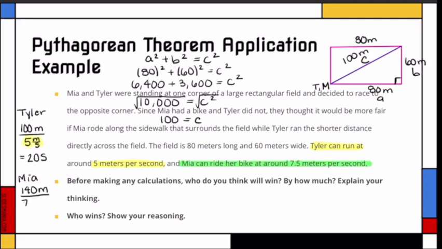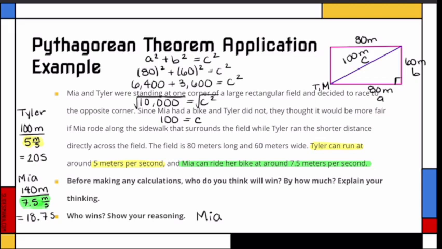So now I'm going to divide 140 by 7.5 meters per second. So Mia gets across the field in 18.7 seconds, okay? So it looks like Mia got across the field faster than Tyler did, despite the fact that Tyler went the distance across. So the winner of this race is Mia.